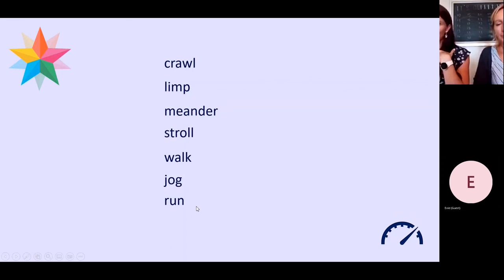I'm starting to feel a bit hot and out of breath thinking about it, to be honest. And then the final one would be a sprint, which I have to say I quite like doing, but maybe not on such a hot day. So look where we've gone from crawling over the finish line, just about making it because you're so worn out, to sprinting as fast as you can, and all those words in between.